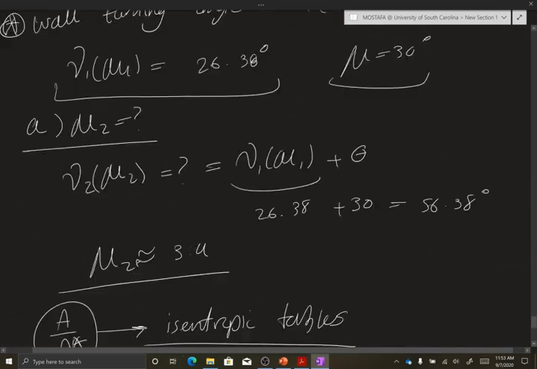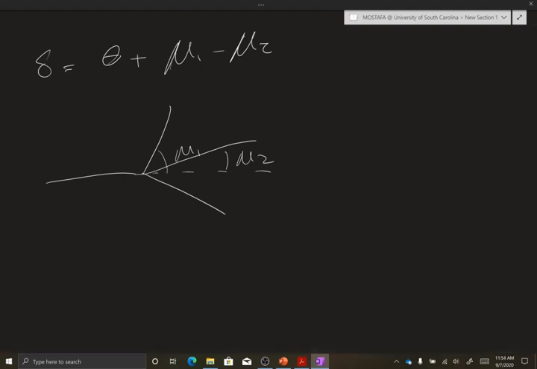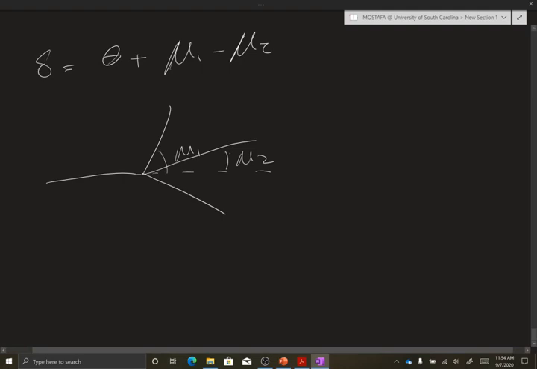So to show it, let me actually draw another one. So you have this mu1, and you have this mu2. Okay, that's actually the angle it makes with the flow, right?